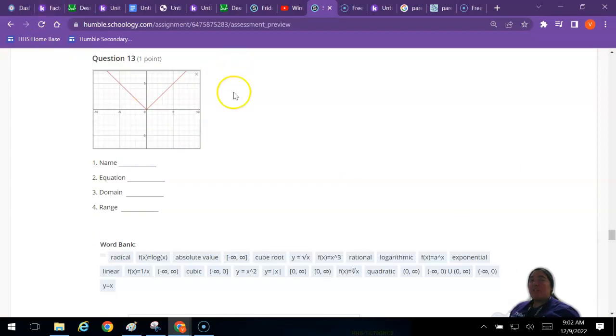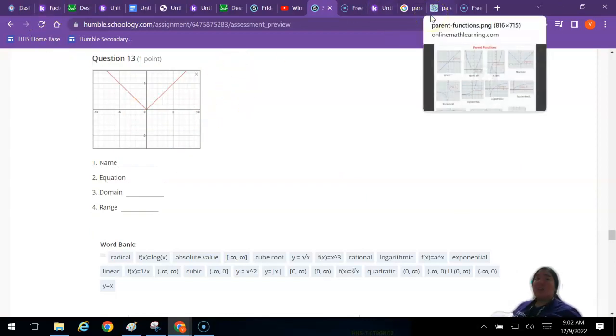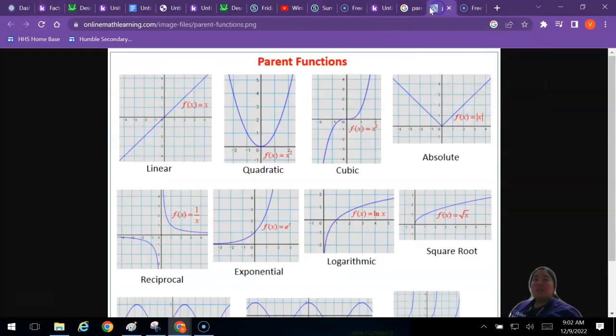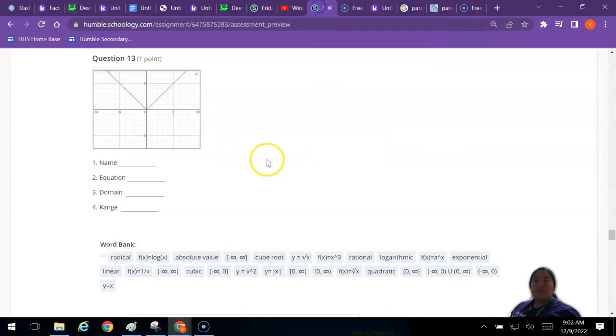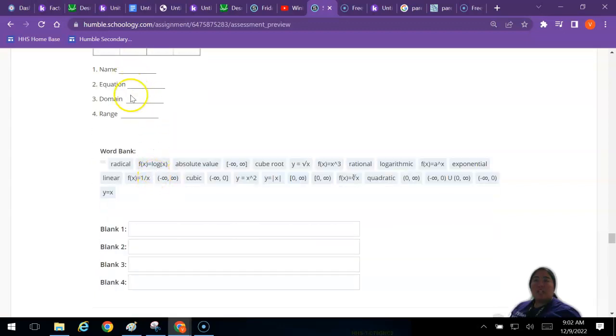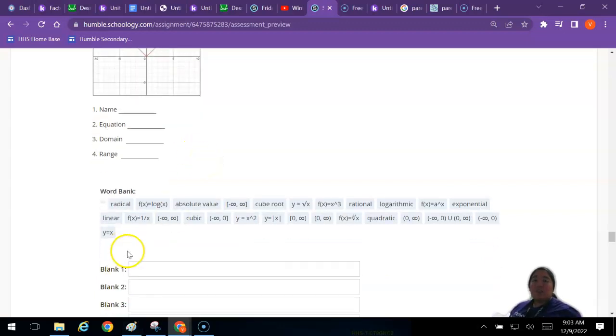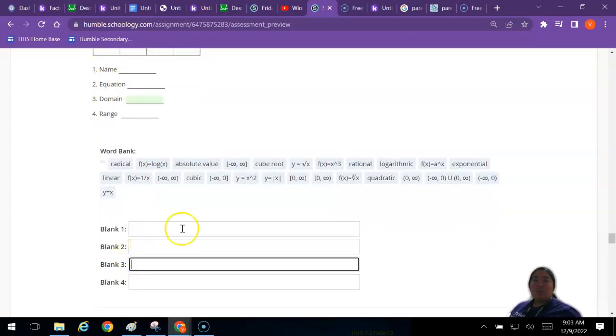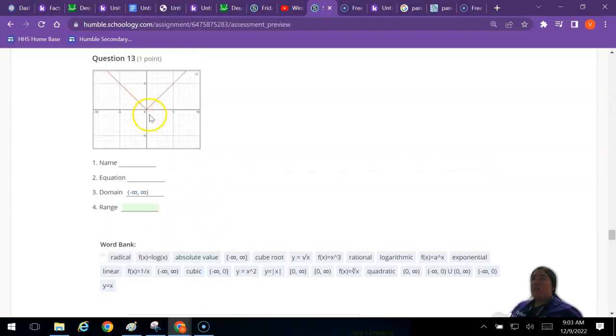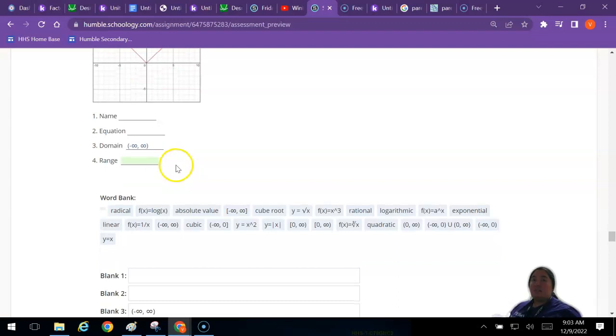This one. What's the name of this? You're like, oh man, I forgot that one. We actually were working with that one not that long ago. That one's absolute value, right? And it looks like that. So go here: name, equation, absolute value. Give me the domain. Does it ever stop on the x sides, left to right? No. So since we know it's absolute value, you put that, you put the equation. It doesn't ever stop. So I'm going to put from negative infinity to positive infinity. Now, what's my lowest y? 0.